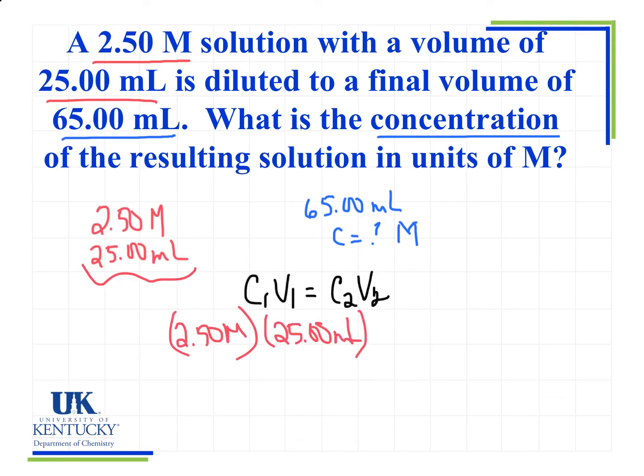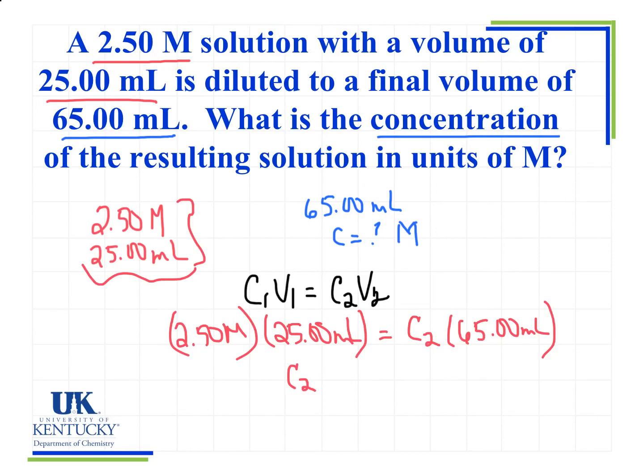A couple things to note. One, I need to make sure I pair the numbers correctly, that these are both describing the same particular sample, which was the initial solution in concentration and volume. Then I ask, what am I going to? In this case, I don't know what C2 is, but I do know my volume. Now I can solve for my unknown. I don't have to have this in units of liters, but I do have to have the volumes in the same units.